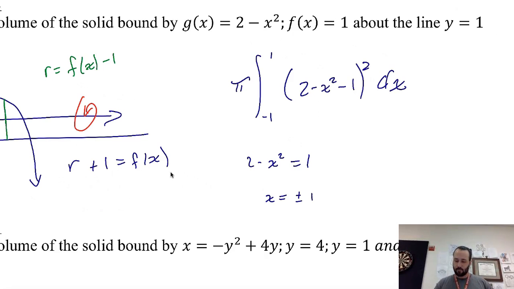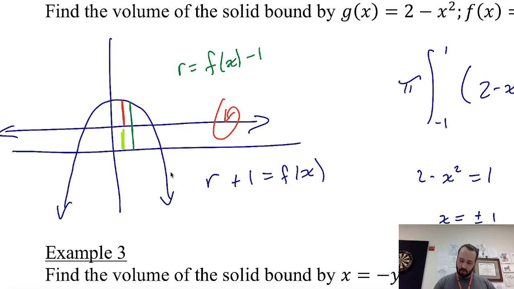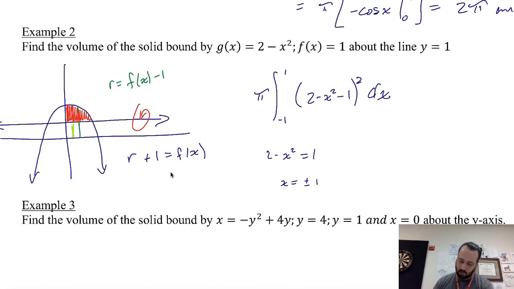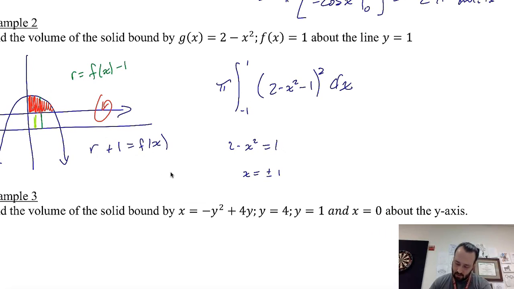dx. And another thing you can do too is, since 2 minus x squared has y-axis symmetry, it is an even function, you can find the volume of your right part and double it in order to get the volume altogether. So that would look like 2 pi, 0 to 1 of the same radius.